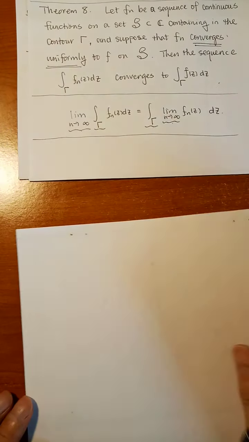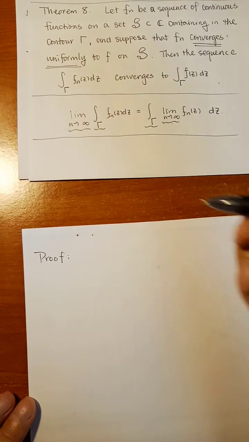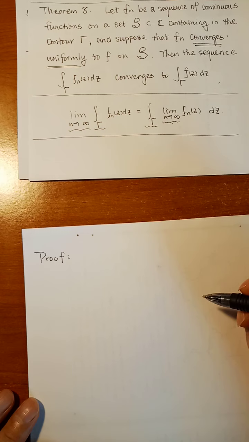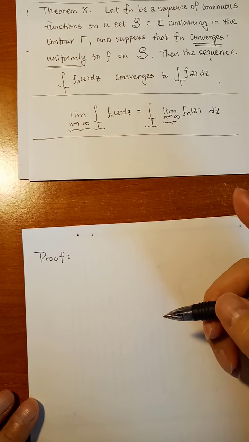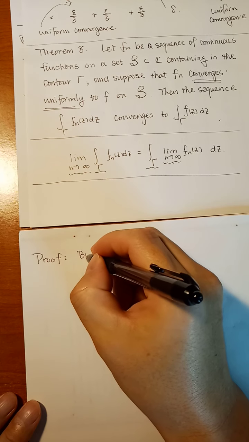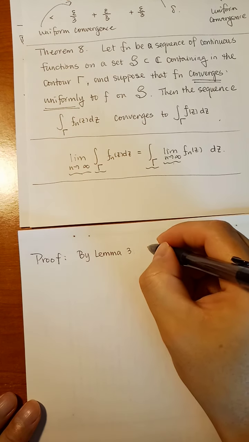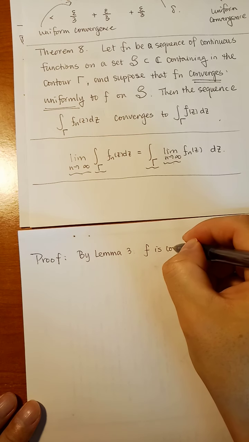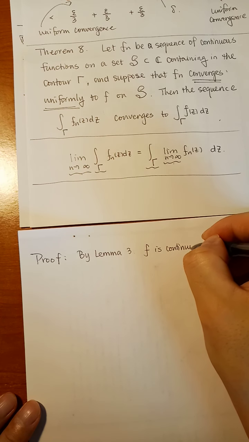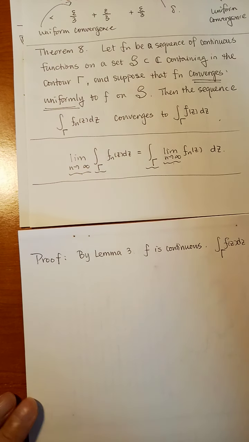Let's see how we prove it. First of all, f is continuous based on lemma 3. So this integral of f(z) dz along gamma exists.